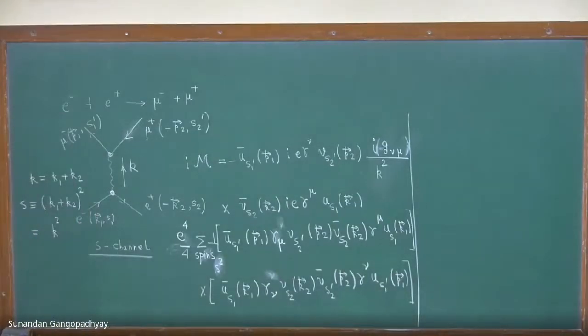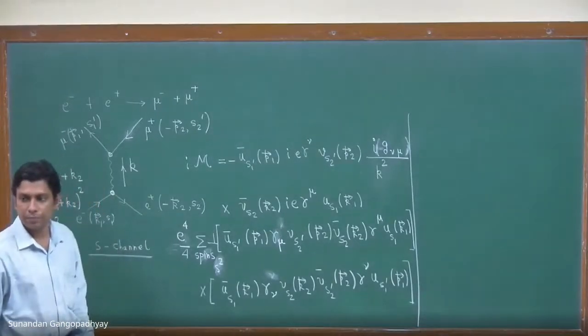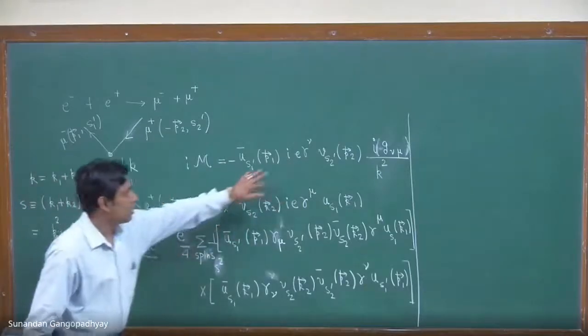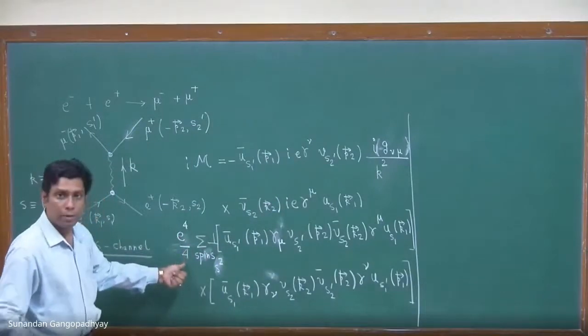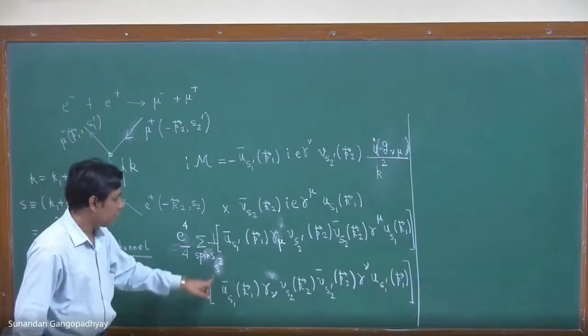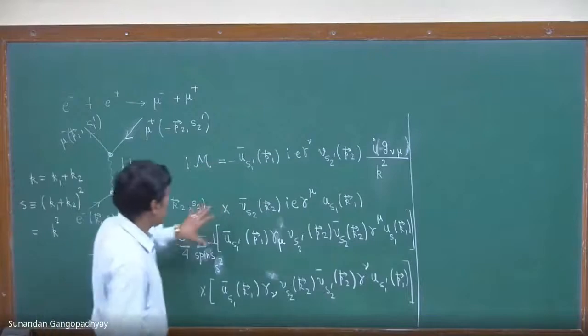Is it visible? Yes, sir. So what I have done is this e to the power of 4 comes just from counting this, multiply and then take square. The 4 has come from the averaging process, sum over spins, and then there is a factor of 1 by s square, where s is the Mandelstam variable, and then you have this full thing.